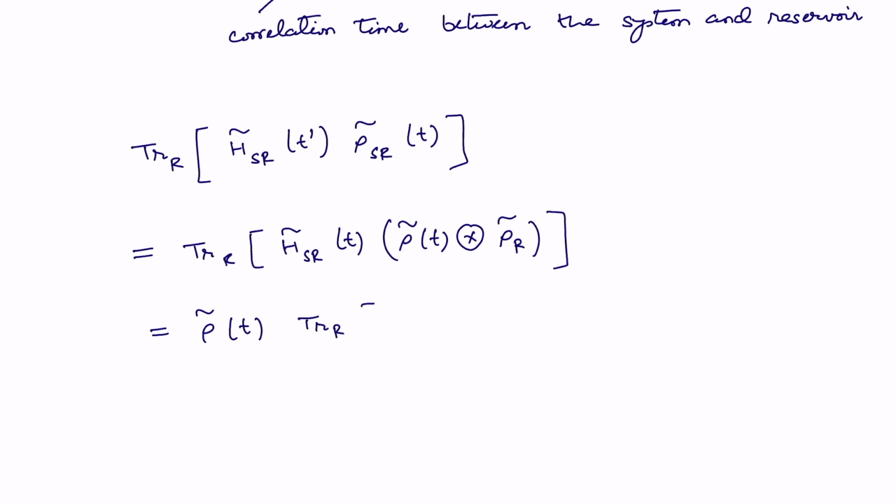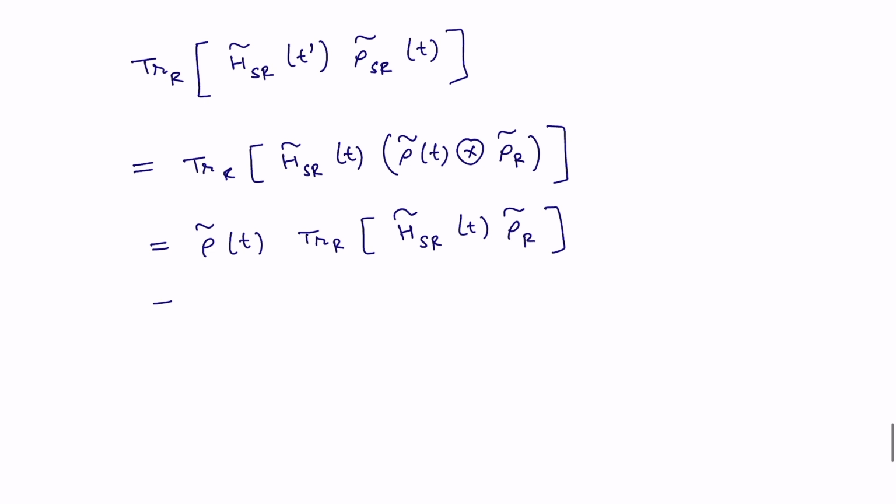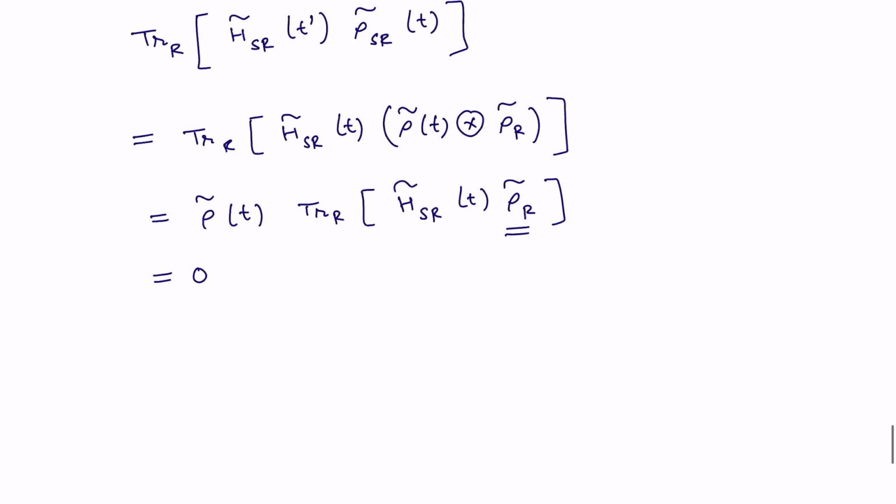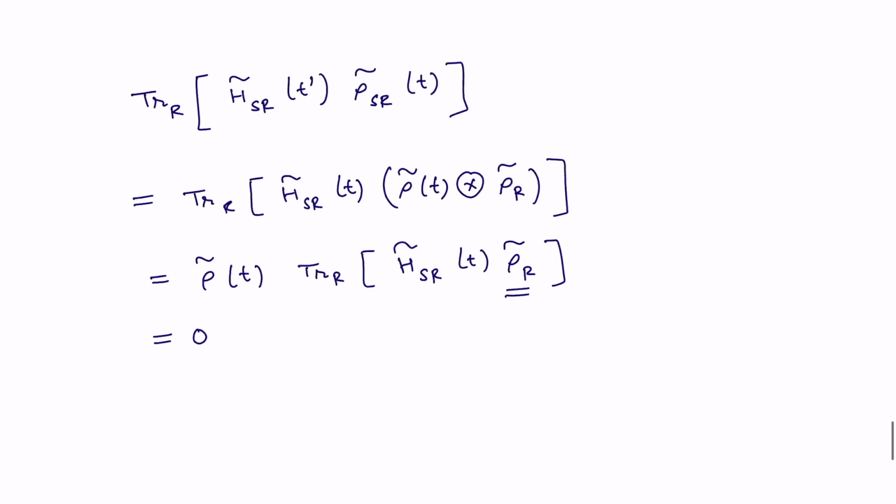So I have trace over r of h tilde SR at t dash times rho tilde r. As you can see, this is going to be equal to 0 because the reservoir state is not evolving in time, so you basically get 0 when you take the trace over the reservoir.